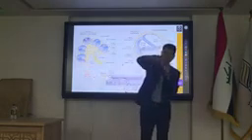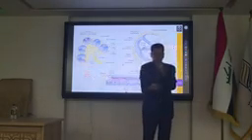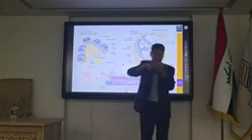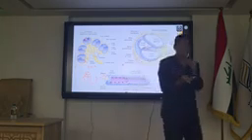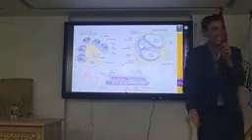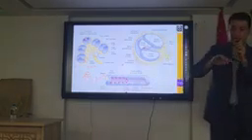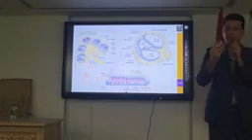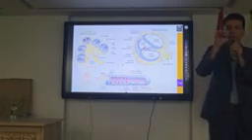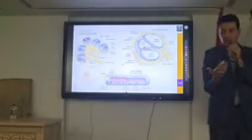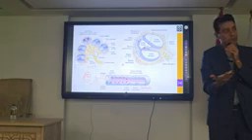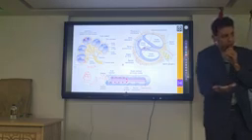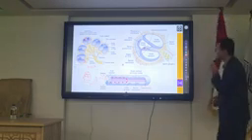So the snail has a base and an apex, right? The apex is near the helicotrema, but the base is near the oval window, right?